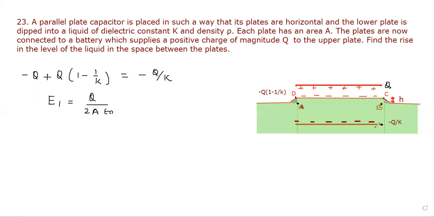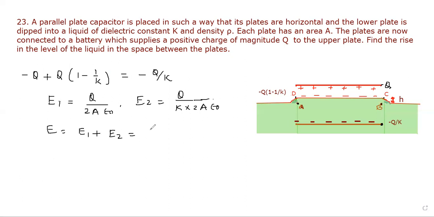Now, due to this charge, the electric field on this surface will be again in the same direction as due to plus Q charge. So E2 will be equal to Q upon K times 2A epsilon naught. Since these two fields are in the same direction, the net field E will be equal to E1 plus E2. Both will be in downward direction.